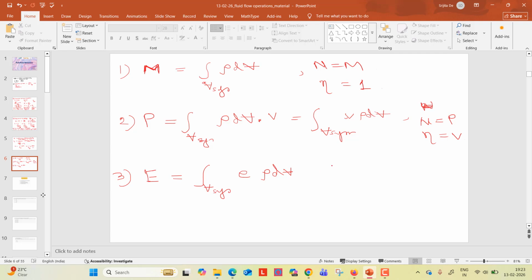So here N is equivalent to E and eta is equivalent to small e, right? If V is this velocity and here e is your energy per unit mass, right?